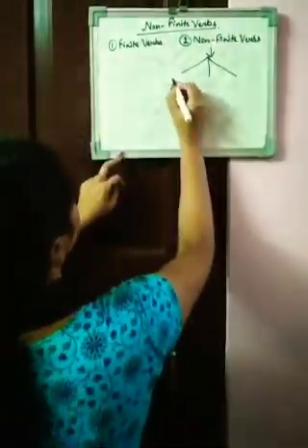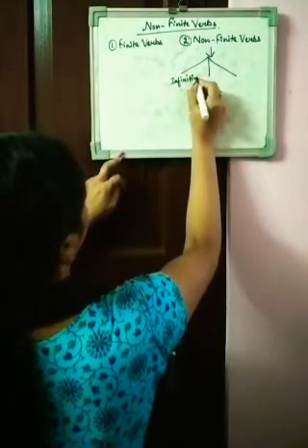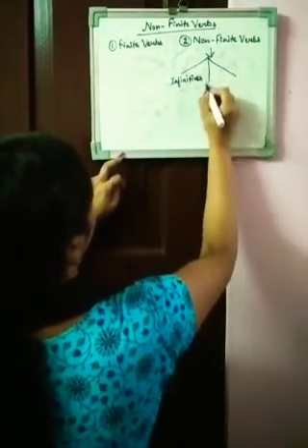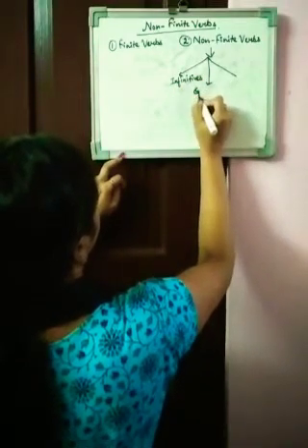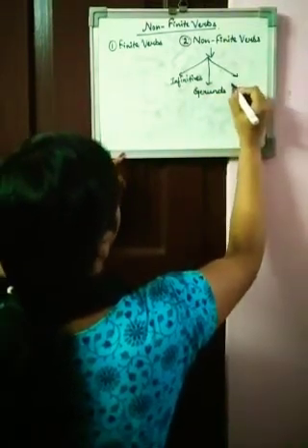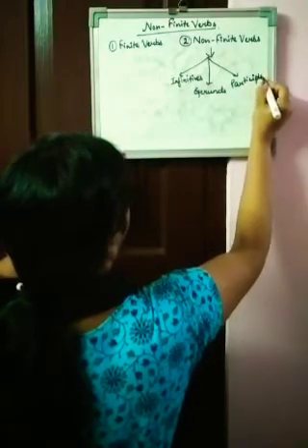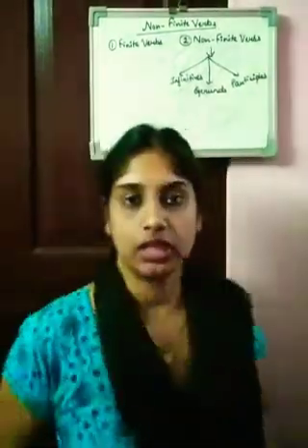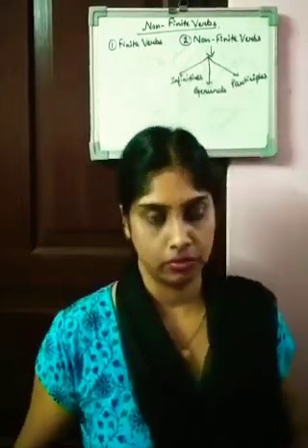Those are, first of all, infinitives. Then we have gerunds, and lastly we have participles. These 3 are the sections for non-finite verbs.